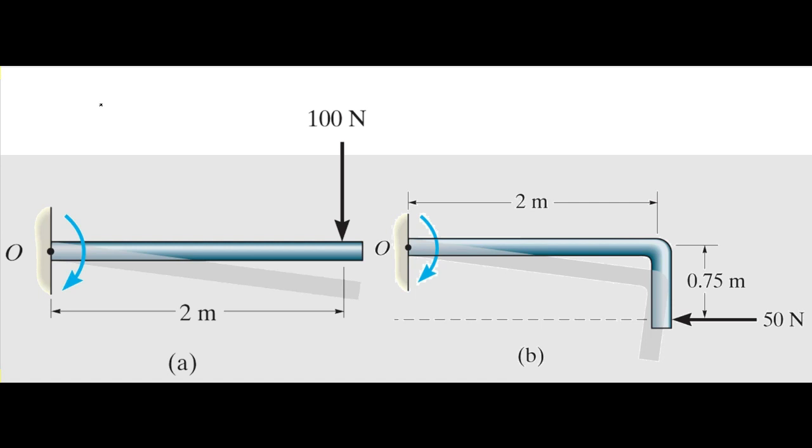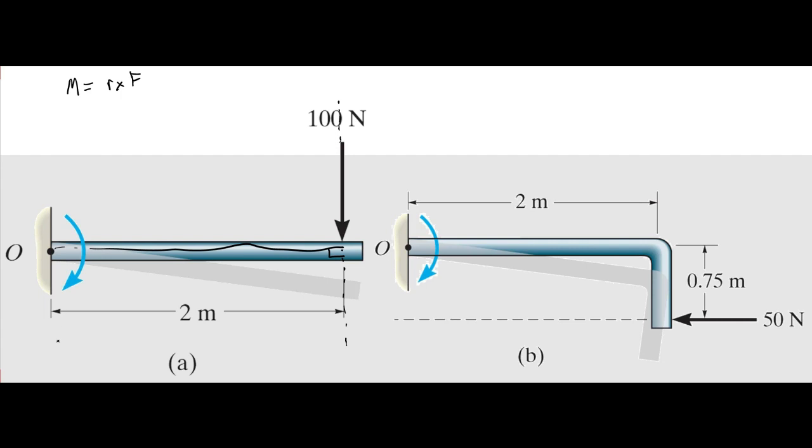We can come here and say the moment is equal to R cross F. Well, that gives us the shortest distance, or perpendicular distance, to the force line of action of the 100 Newton load. So here's that force line of action of the 100 Newton load, and here's point O, and you can see here this perpendicular distance.